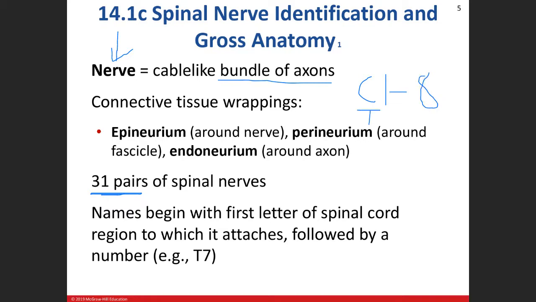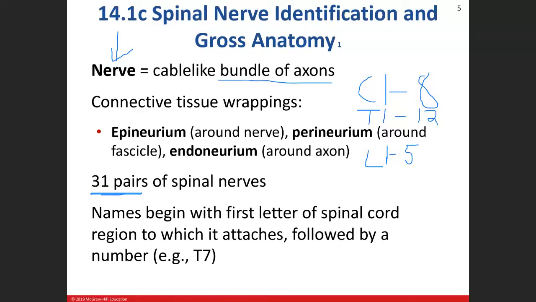For the thoracic, same thing. We would assign a T to it, and there are 12 of those, so it would be 1 through 12. And then for the lumbar, there are 5, so it would be 1 through 5. So that gives us 6 remaining.